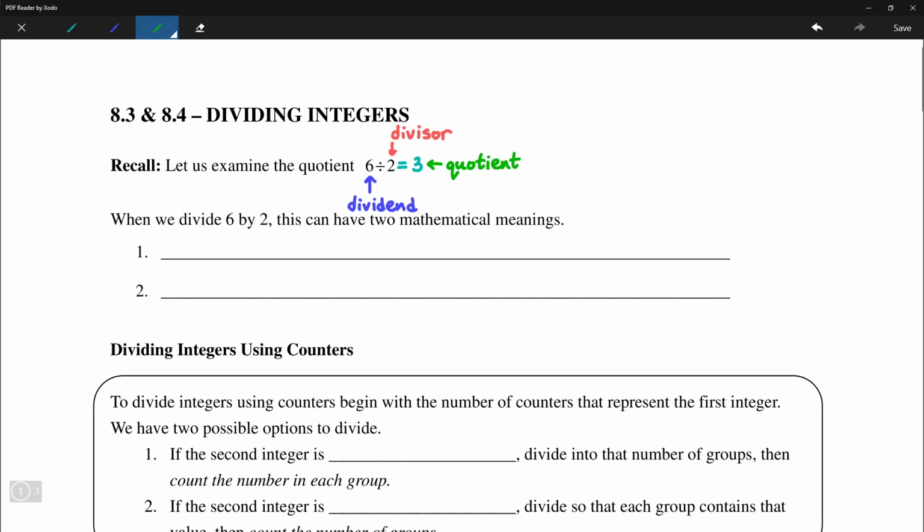So when we divide 6 by 2, it can have two different mathematical meanings. The first one is dividing 6 objects into 2 equal groups. And in the case that we're looking at, if there are 2 equal groups, there will be 2 equal groups of size 3.